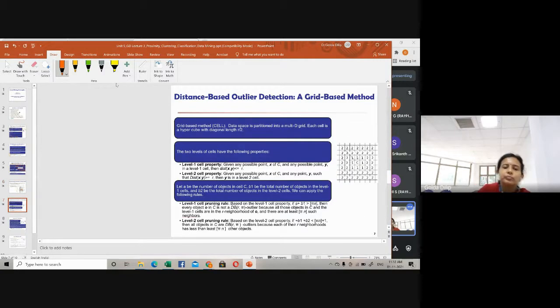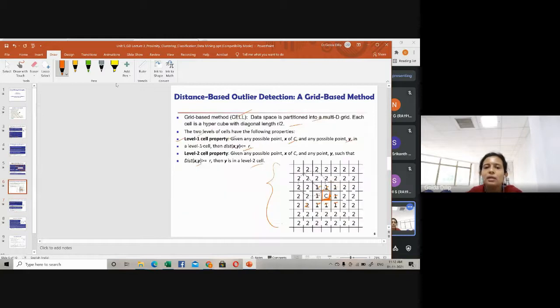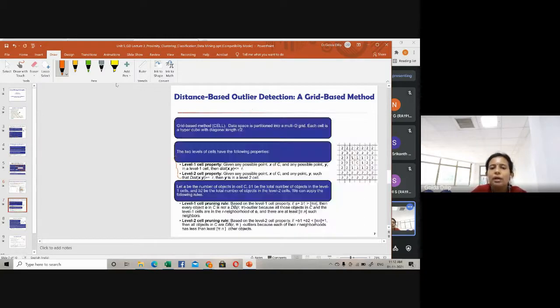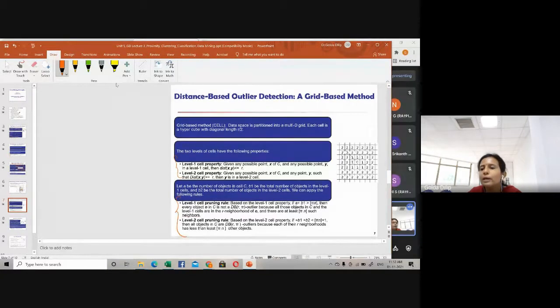Okay, so now let's see how the pruning or elimination happens. These are the two properties we discussed here. Now let's see how to apply the rules to find outliers or to prune them.